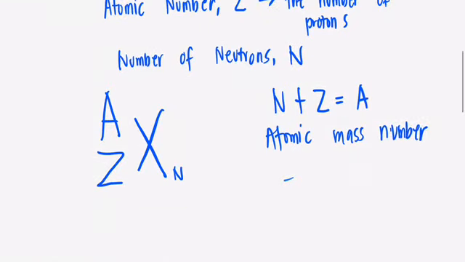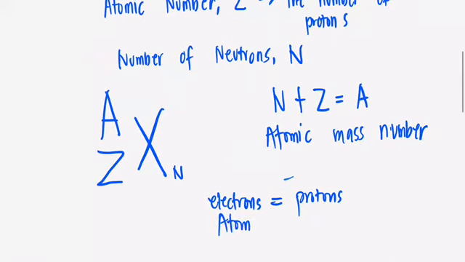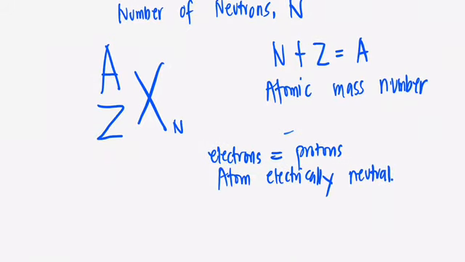Also, the number of protons is a positive charge and the neutrons have no charge, so the number of electrons orbiting the nucleus is just equal to the number of protons in the nucleus, making the atom electrically neutral. Okay, so we now have the representation for this.